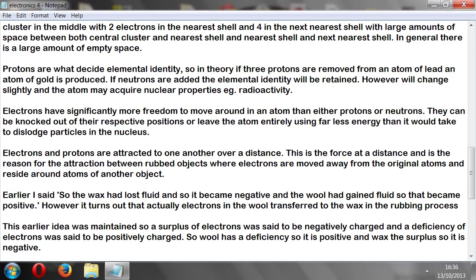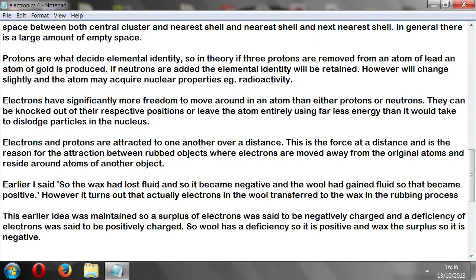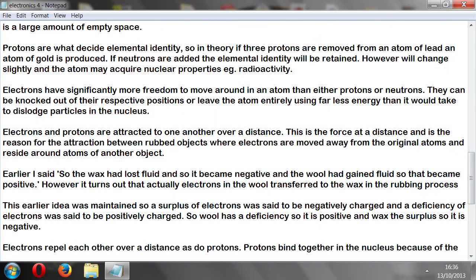This is probably the most important point of this whole section: a surplus of electrons is negatively charged, and a deficiency of electrons is positively charged. If you learn it like that, it's not that counterintuitive, but you would think that a surplus would be positive, and it's actually the opposite way.